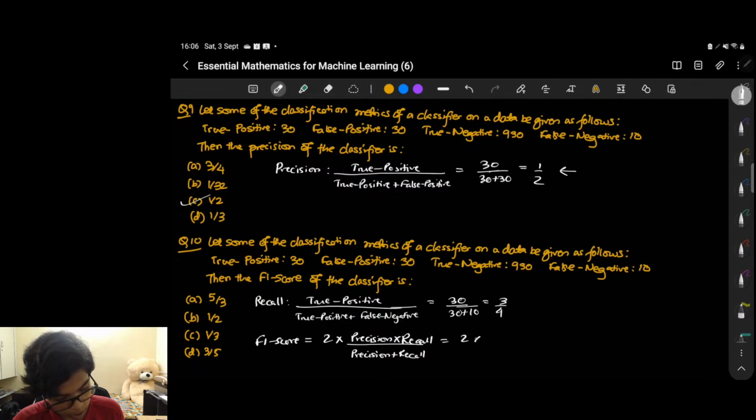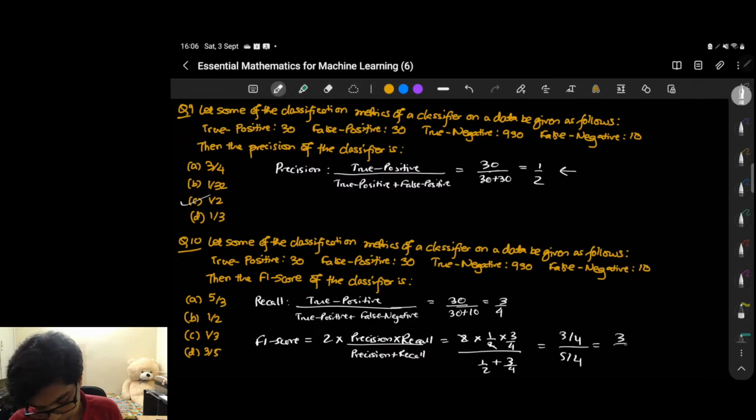So 2 into precision, that's 1 by 2, times recall, that's 3 by 4, divided by 1 by 2 plus 3 by 4. So 2 and 2 cancel. That gives me 3 over 4 divided by 5 over 4. So that's 3 over 5. So the correct option is D.